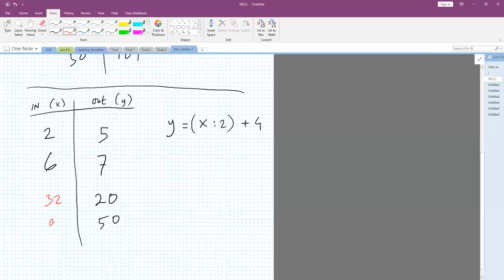In mathematics, you have 4 operations. You have times, divide, add, subtract. So you have times, you have divide, and then you have plus, you have minus.